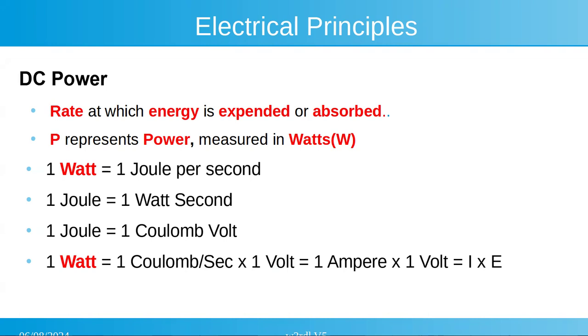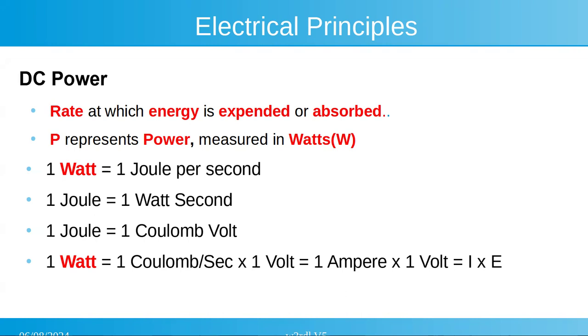So a watt was defined as equal to 1 joule per second, which is a measure of energy done per second. And a joule is the opposite: 1 watt second.